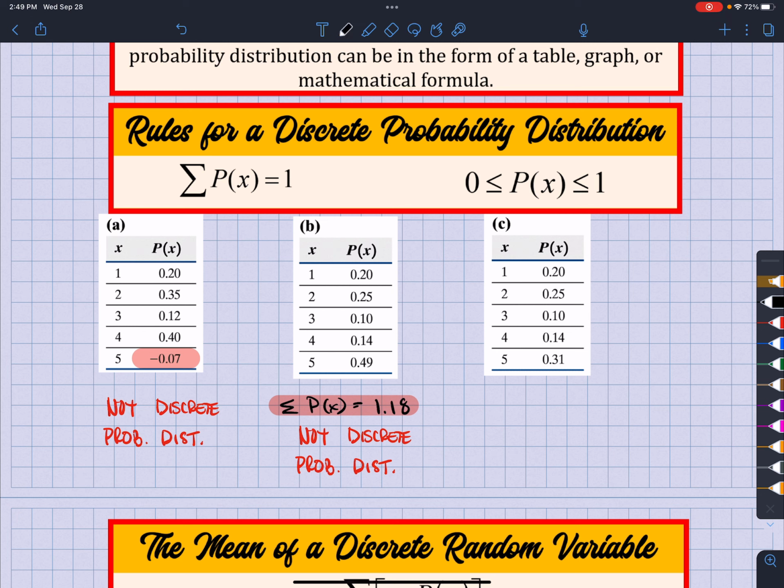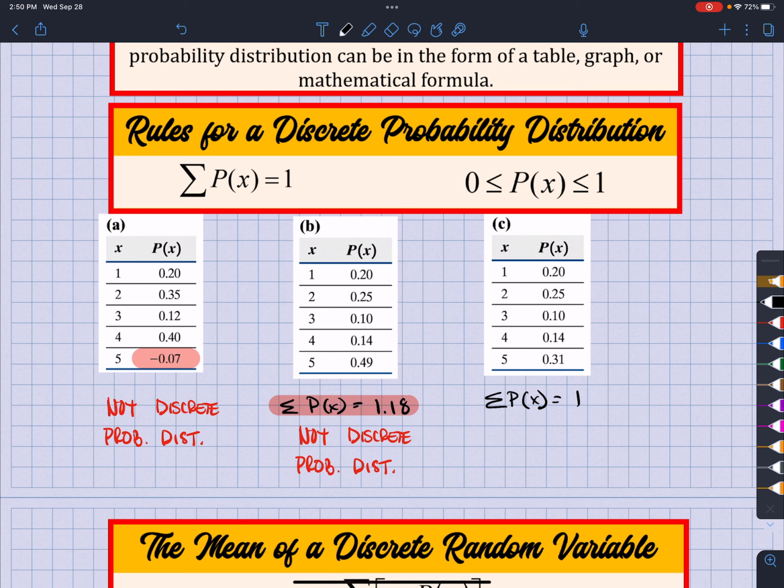How about this last one? Well, let's see, the sum of this is going to equal 0.2 plus 0.25 plus 0.1 plus 0.14 plus 0.31. Ooh, that is equal to 1.